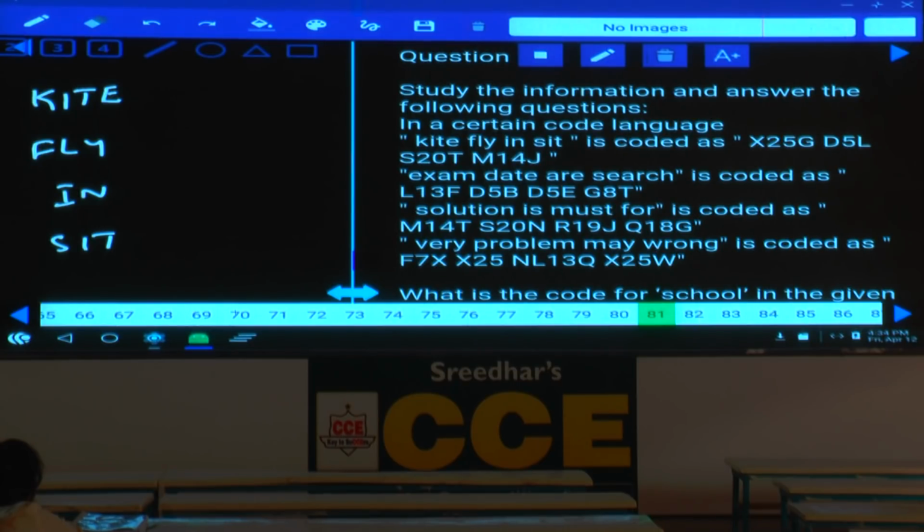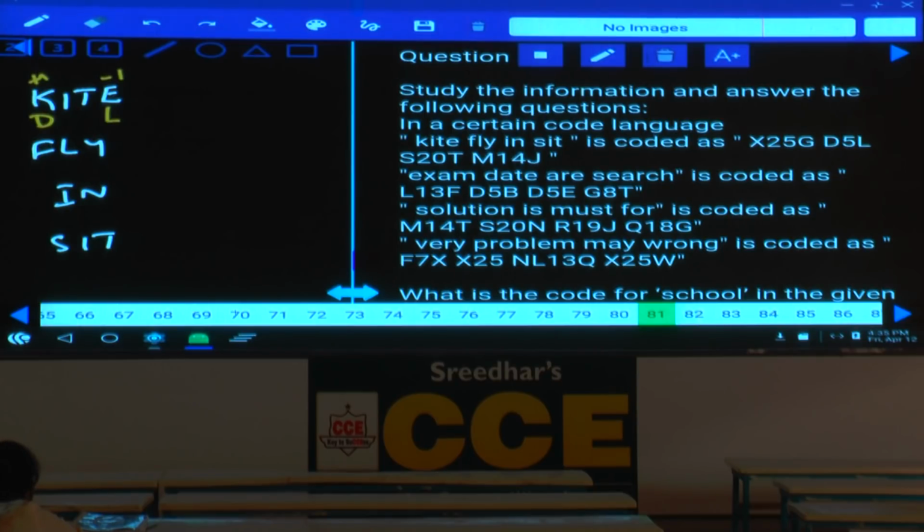Now K is here and L is there. So how can you relate these? K plus 1 is L, and E minus 1 is D. That means the first letter plus 1, and the last letter minus 1.